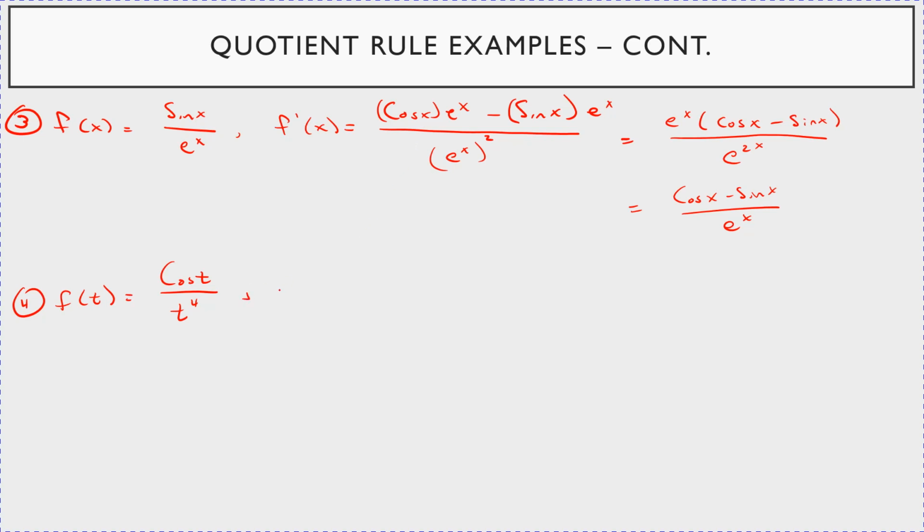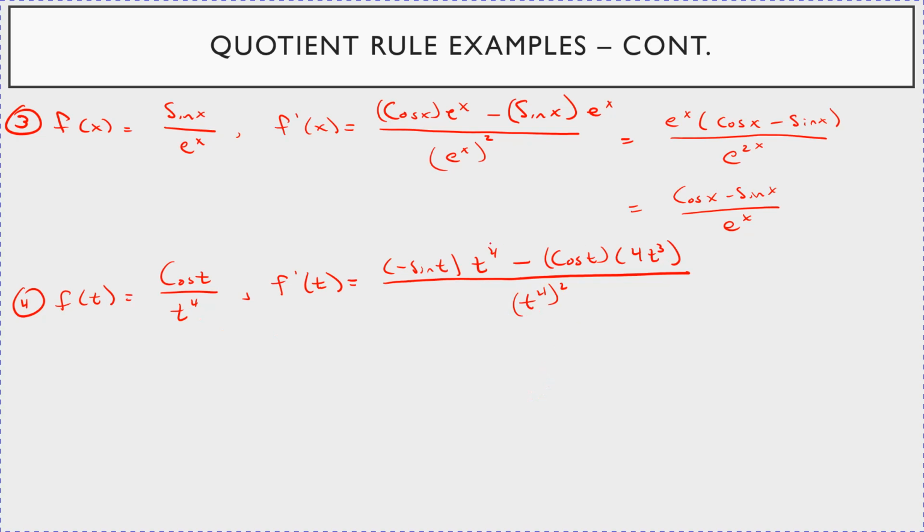So f prime of t: derivative of the numerator, which is minus sine of t, times the denominator, which is t to the 4th, minus cosine of t times the derivative of t to the 4th, which would be 4t cubed, all over t to the 4th squared.